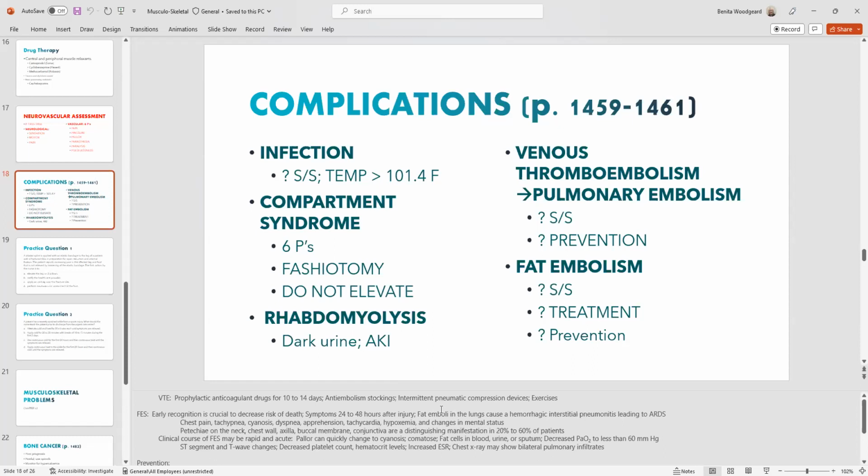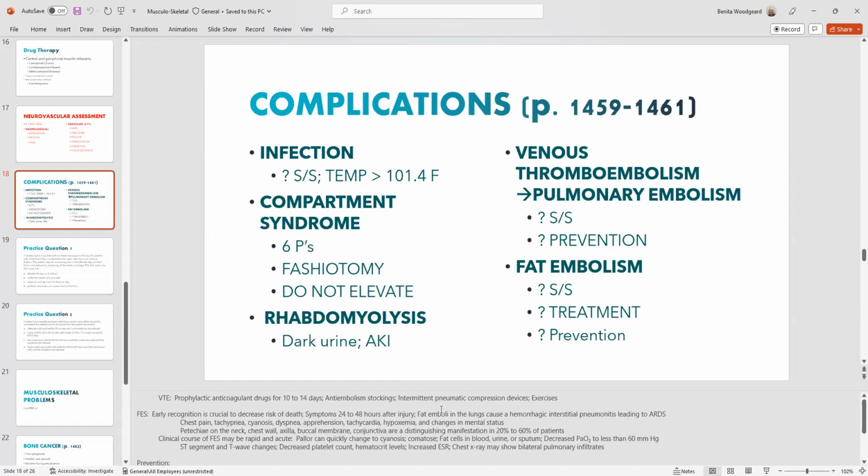You do need to know the signs and symptoms of pulmonary and fat embolisms. You do get asked about those a lot on exams and even select all that apply questions. I have a list here in my notes, but you could find them in your book as well. Chest pain, tachypnea, cyanosis, dyspnea, apprehension, feeling of doom, tachycardia, hypoxemia, changes in mental status.